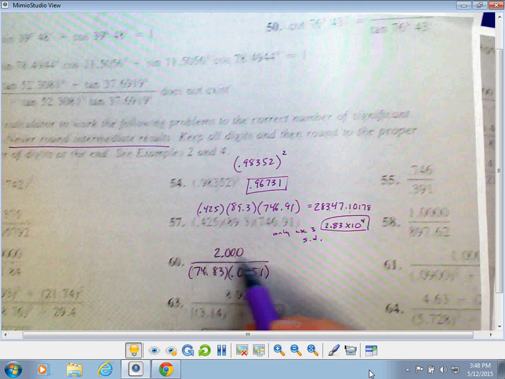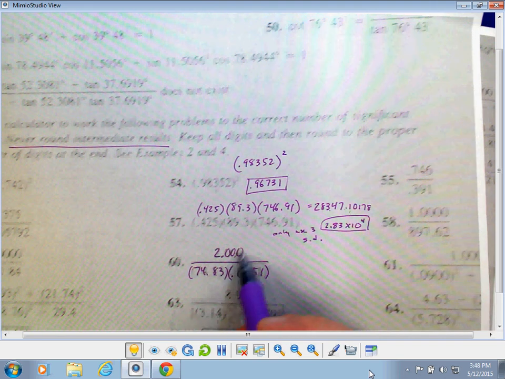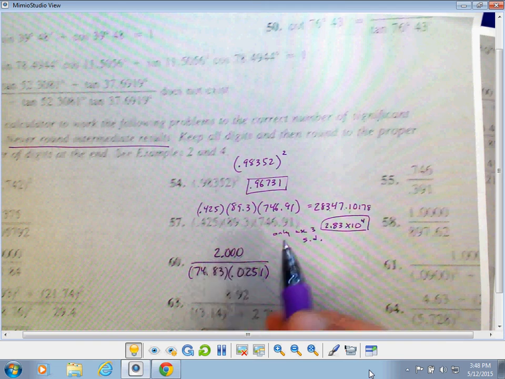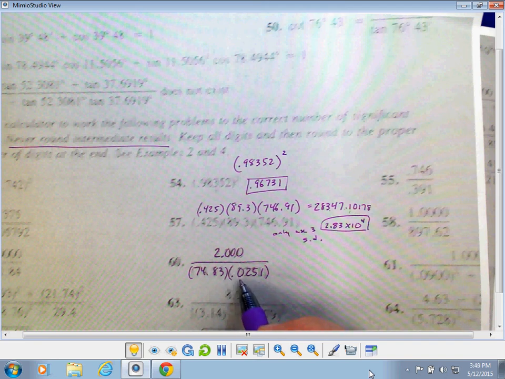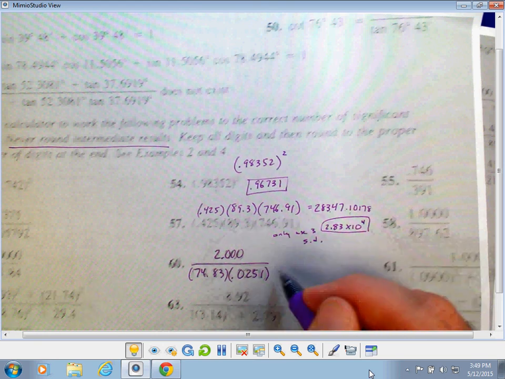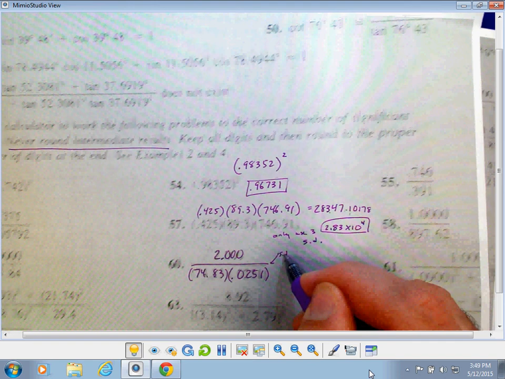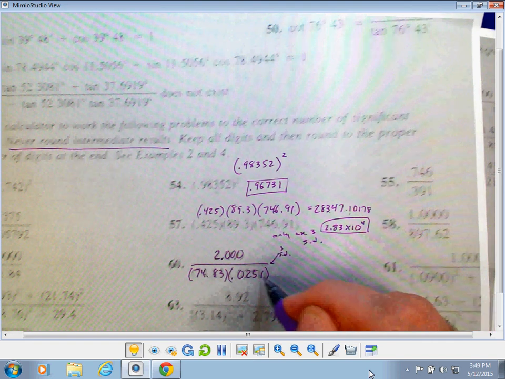This one has 4. Zeros to the right, as long as there is a number on the left, you're good. So that's 4 significant digits. This one has 4. This one, on the surface, people always say 4, but remember that 0, often called a leading 0, is actually not a significant digit. So this one has 3 significant digits.